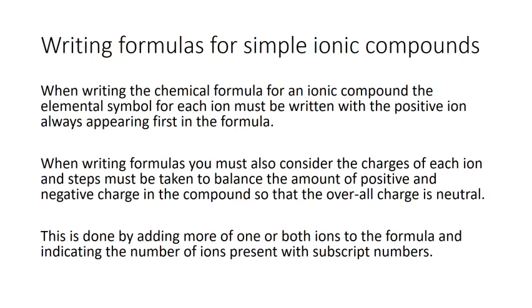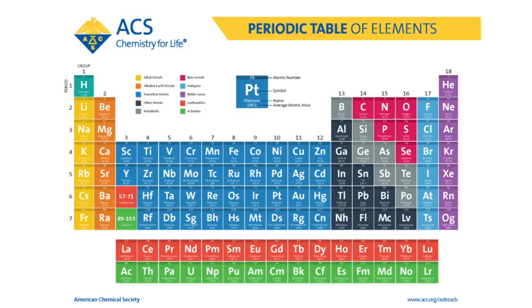The one thing here, like it says, when writing formulas, you must also consider the charges of each ion and the steps that must be taken to balance the amount of positive and negative charge so that the overall charge of the compound is neutral. Hopefully you remember, you do this by adding one or more of both ions to the formula and indicating the number of ions present with subscript numbers.